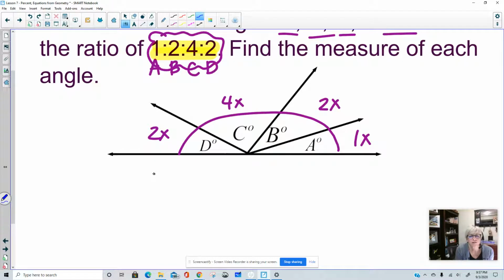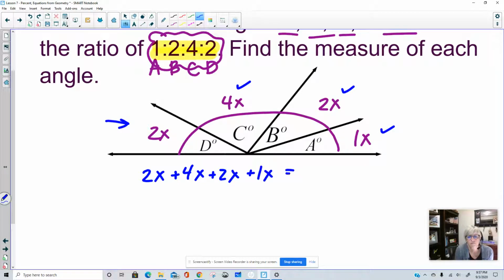If I add all those up, like we said before, we should get 180 degrees. So add up all my x's. We have 2 and 4, that's 6. 2 more is 8. 1 more is 9. We have 9x equals 180. Therefore, x is what? x looks like 20.